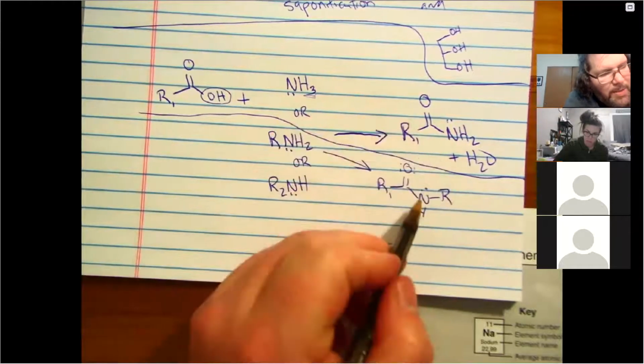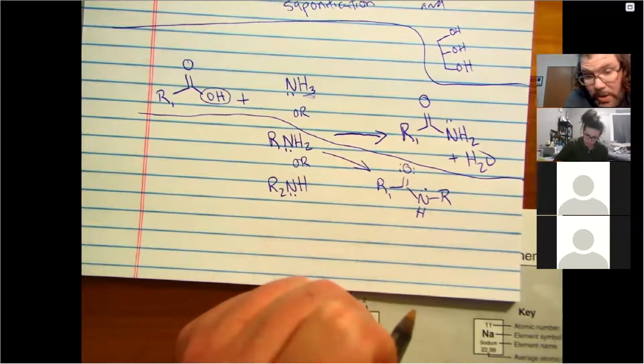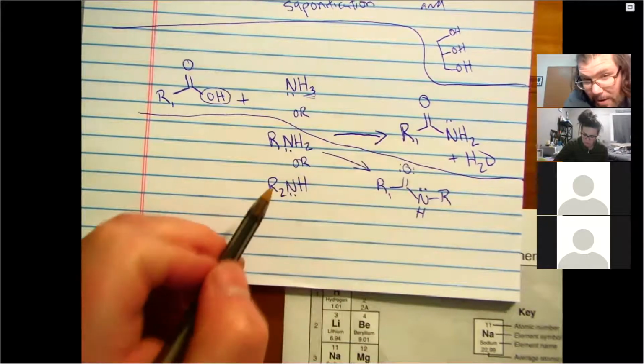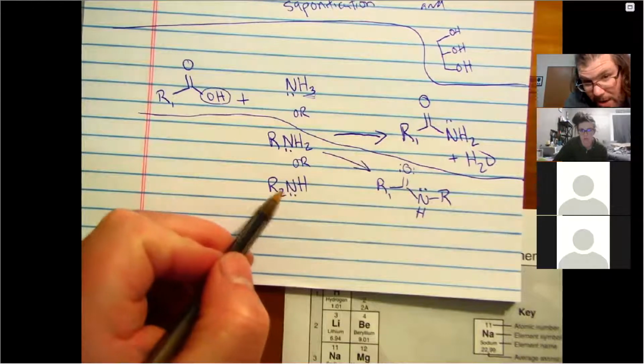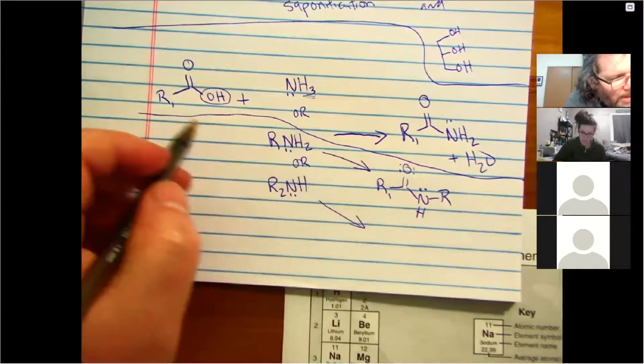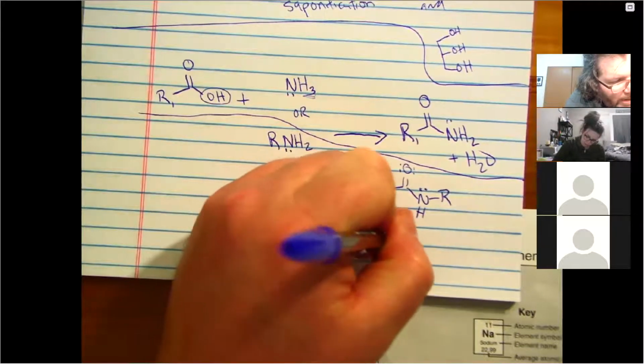Secondary because the nitrogen has 1, 2 carbons attached to it. If we start with a secondary amine, so that nitrogen having 2 alkyl groups attached to it already, and combine it with a carboxylic acid, we end up with a tertiary amide.